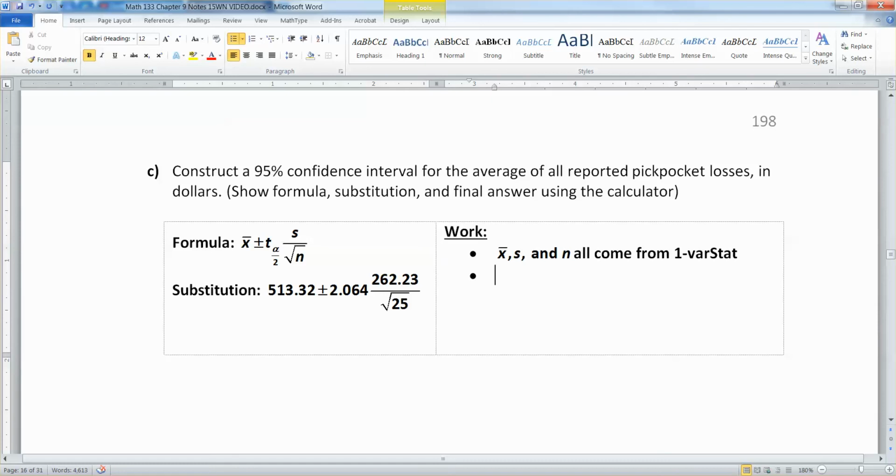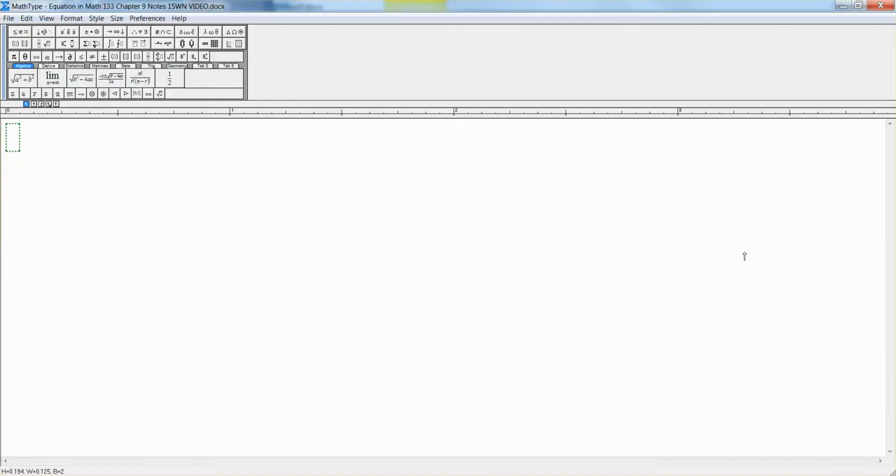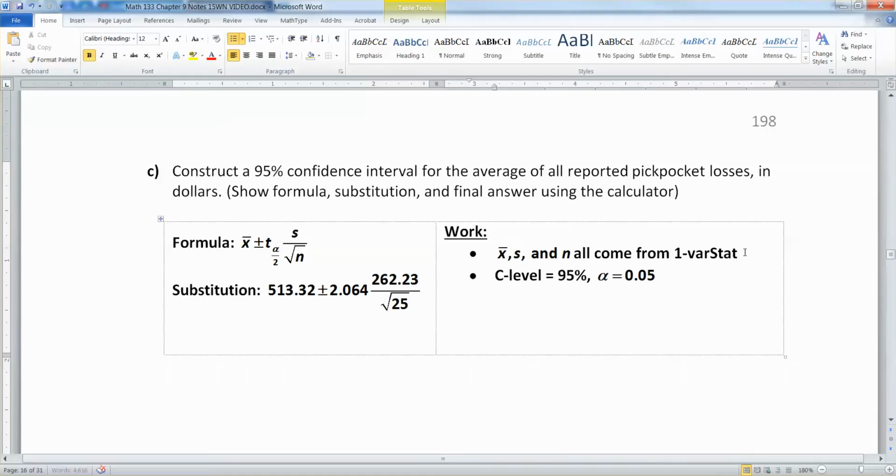So then the question becomes, where does the 2.064 come from? Well, our confidence level was 95%. That means that our alpha is 0.05. All right, great. That means that alpha over 2, however, which is what we really need.